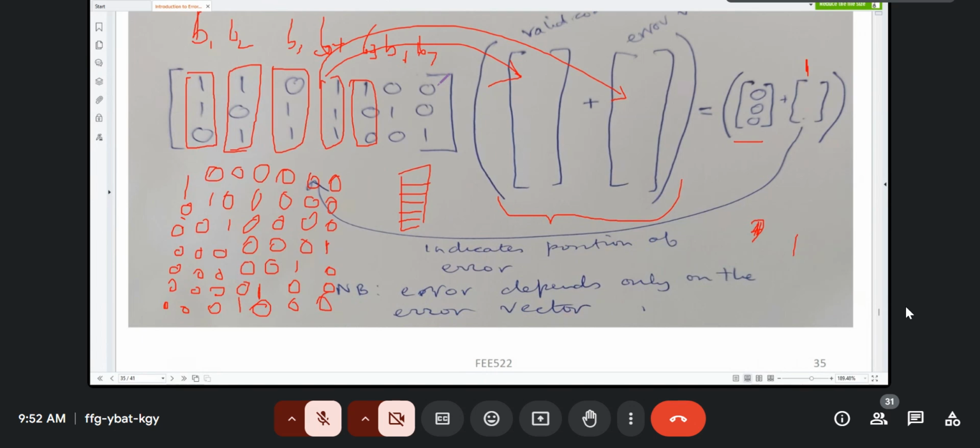Why is the concept of minimum distance important in error detection in block codes?